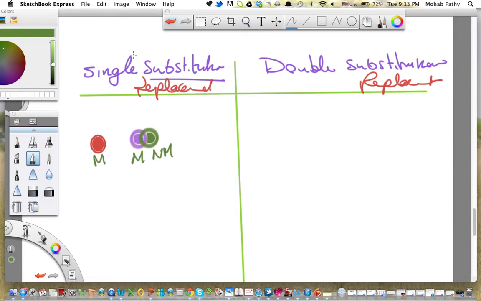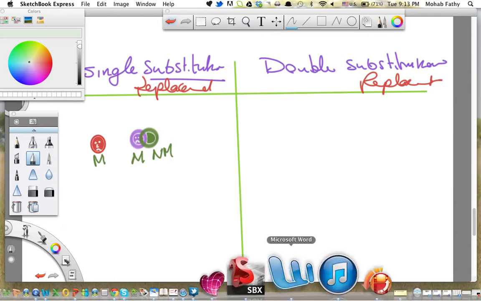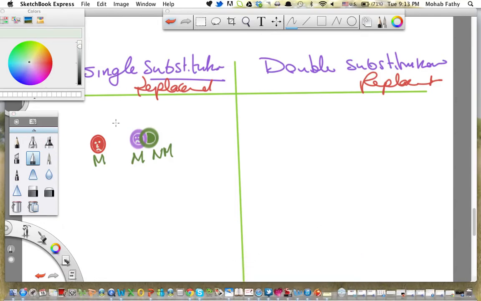Let me put it another way so you don't forget it. This one is a metal, and this one is a weaker metal, and this is a non-metal. See how it looks?